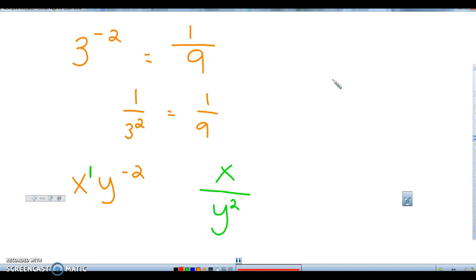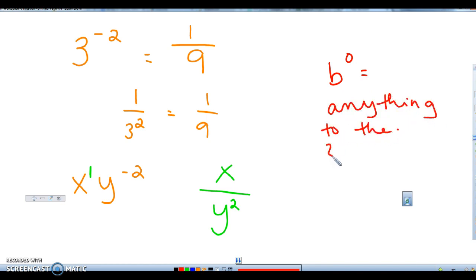One other thing we need to mention here. Anything to the 0th power is one.